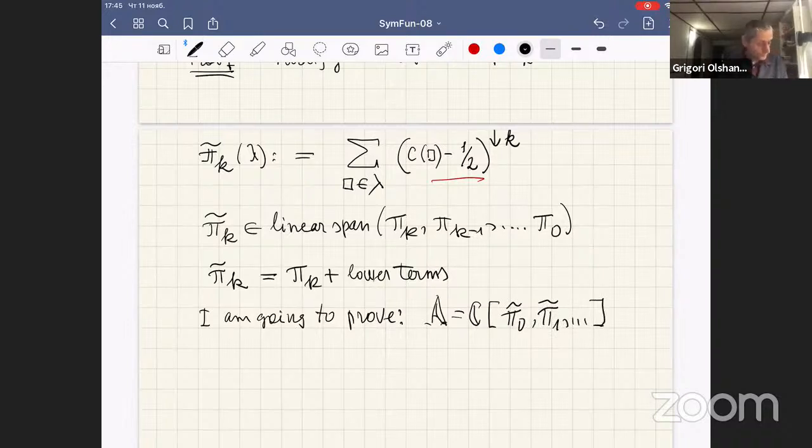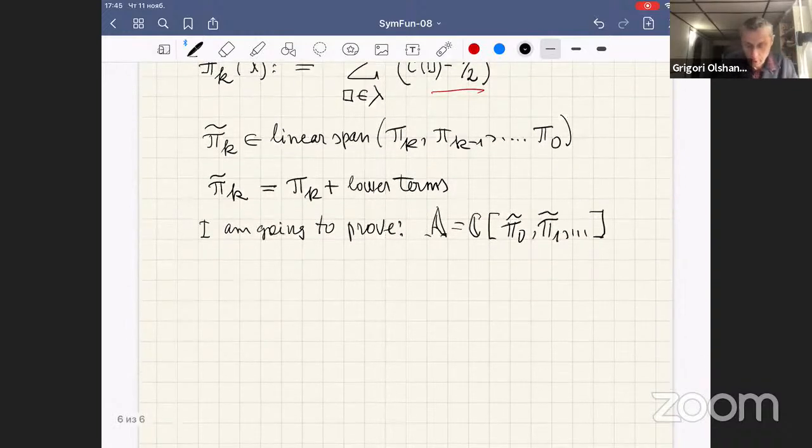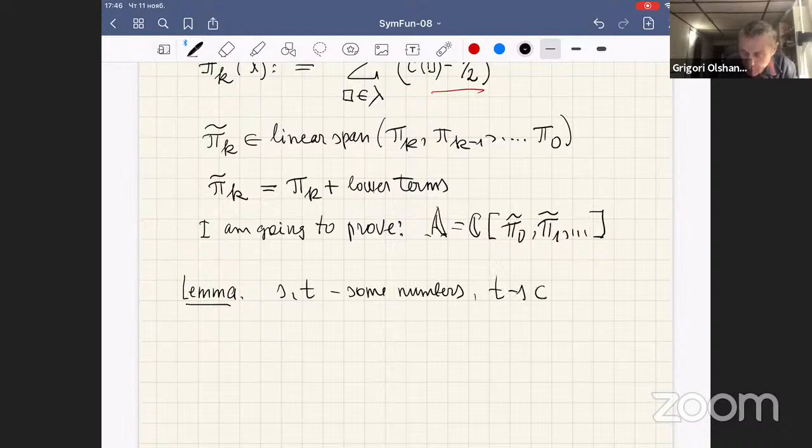How to do this? I need a lemma. It says the following. Suppose s and t are some numbers, but I want that t minus s is a non-negative integer.